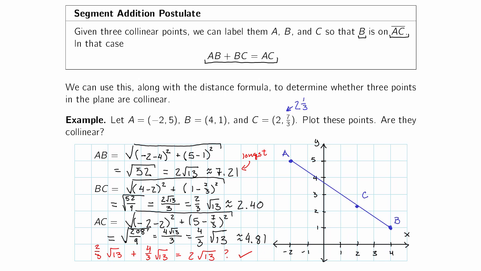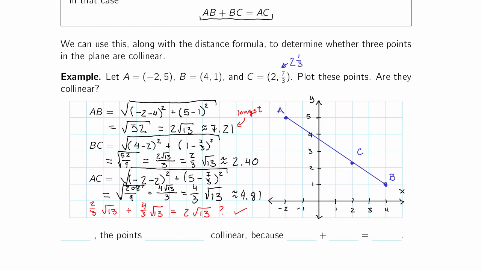It sure is. So, are the points collinear? We see that, yes, in fact, the points are collinear because, in this case, the long segment was AB, and the way that we actually added them was BC plus AC gives us AB.